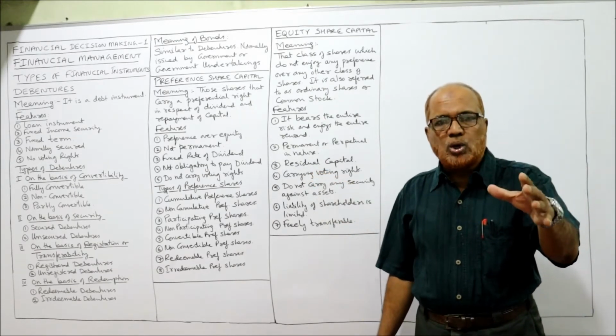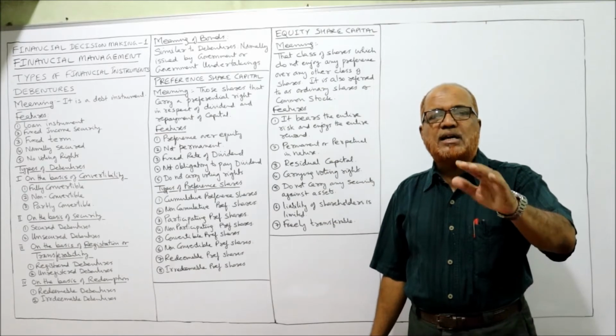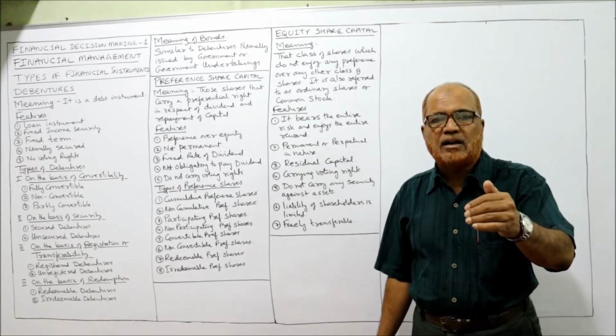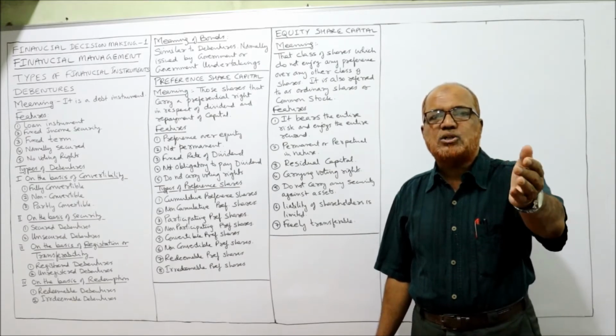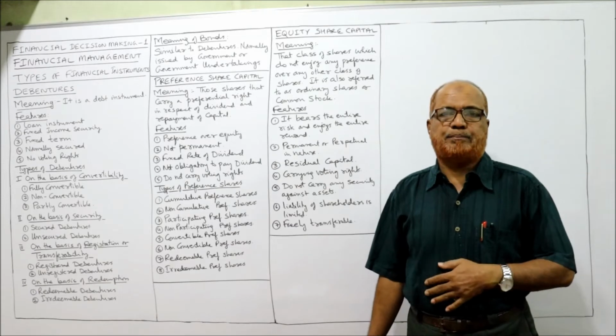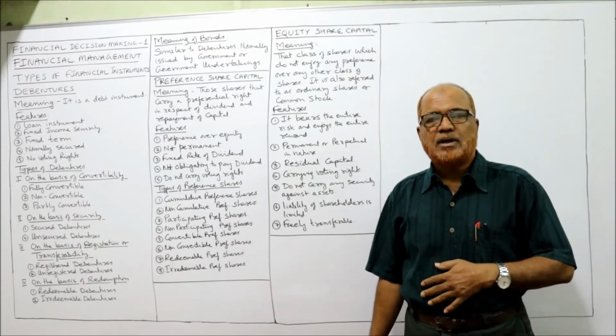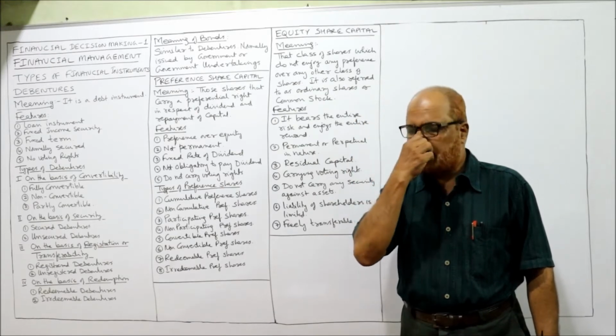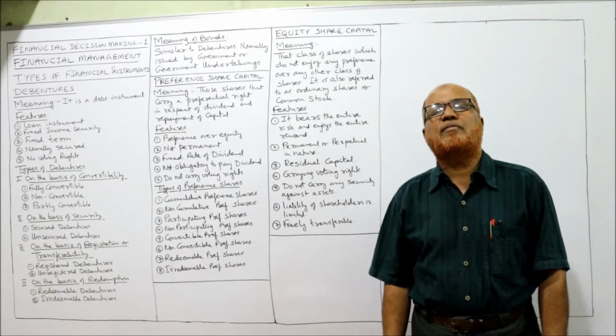Preference shares are those shares on which there is a preferential right to get the dividend and preferential right to get the repayment of capital on winding up, on liquidation. So if any share is carrying two preferential rights, then those shares are called preference shares.